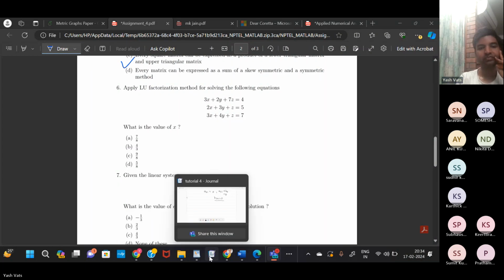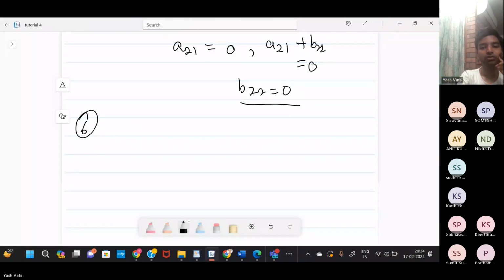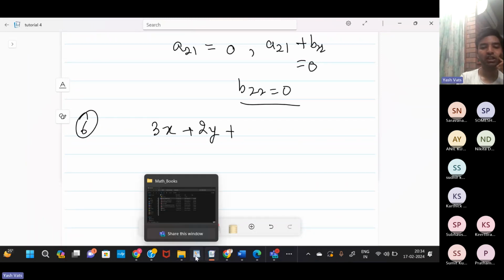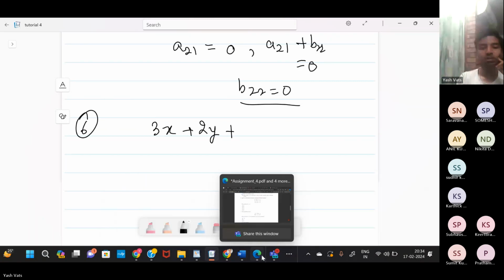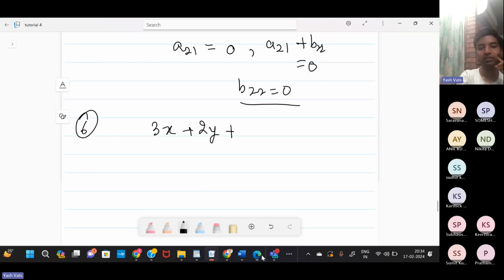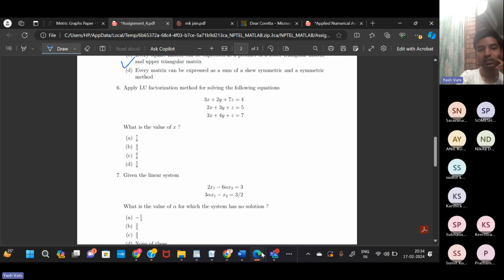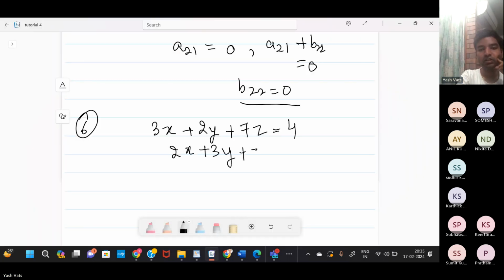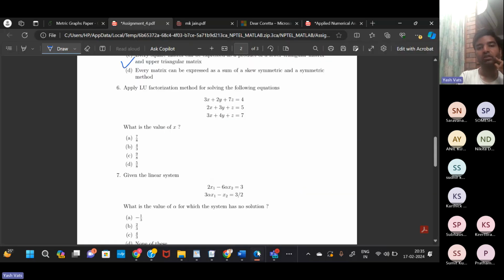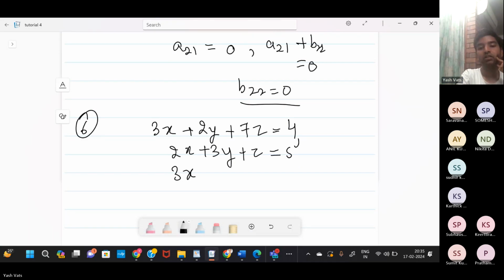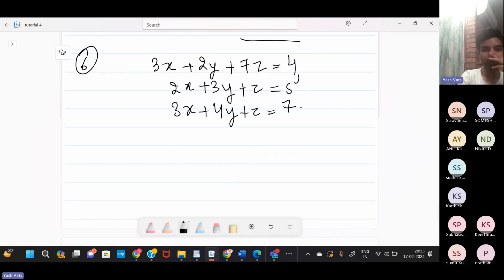The equations are 3x plus 2y plus 7z equals 4, 2x plus 3y plus z, and 3x plus 4y plus. Okay, let me know how to solve it.